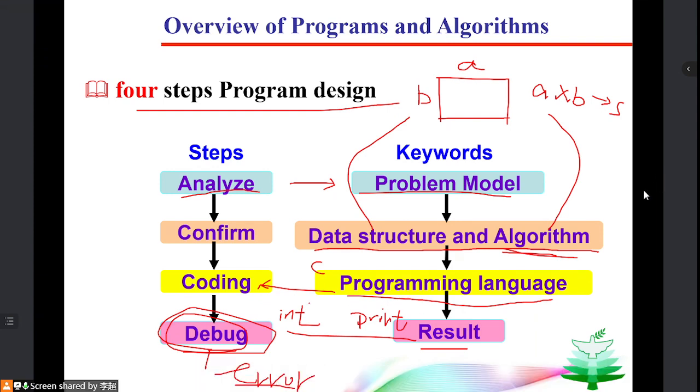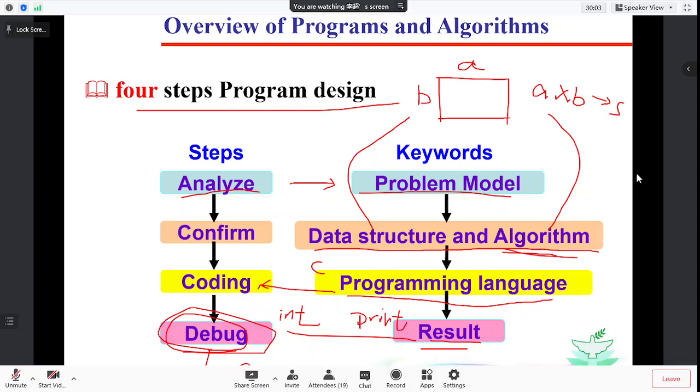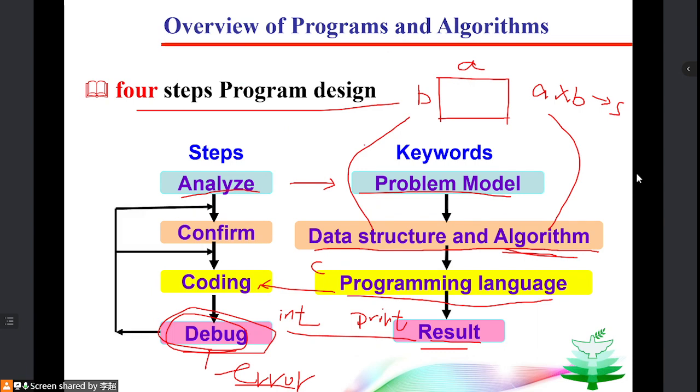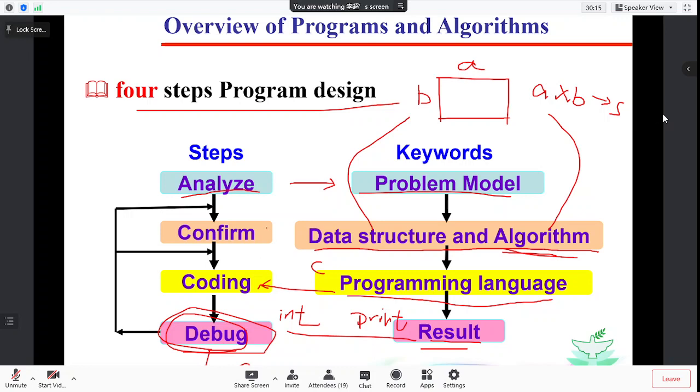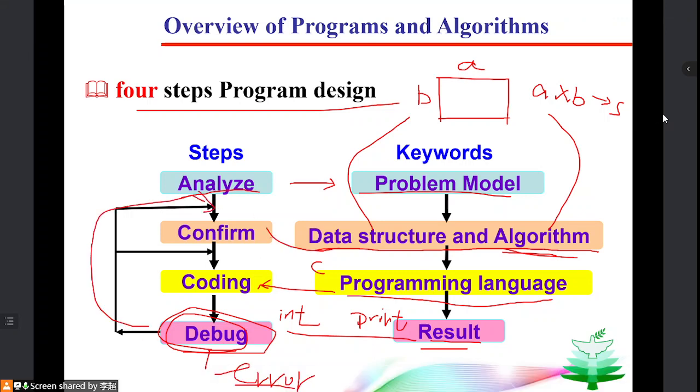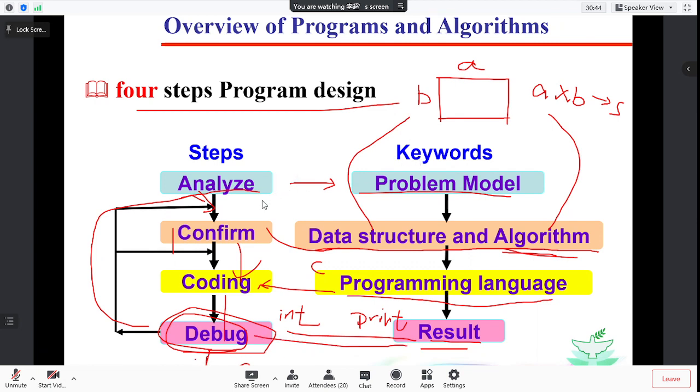Then you use the C programming language to code. Finally, you can get the result. But if you don't get the right result, then you should check your code. Go back to confirm if you used the appropriate data structure, or if you designed the right algorithm, and then continue to code, and here you get the right result. Then you finish.